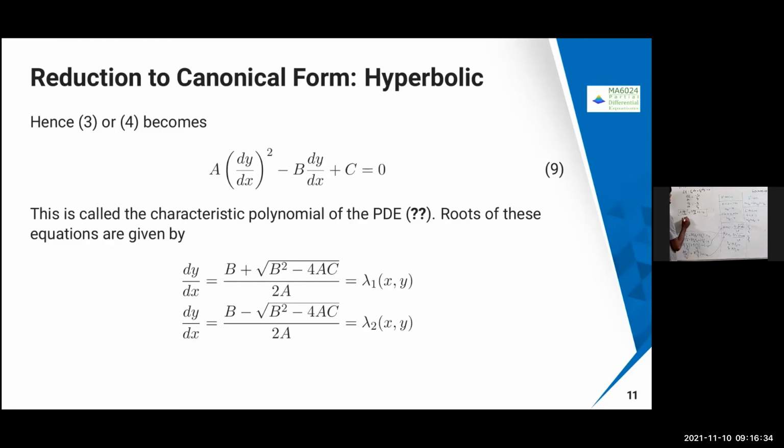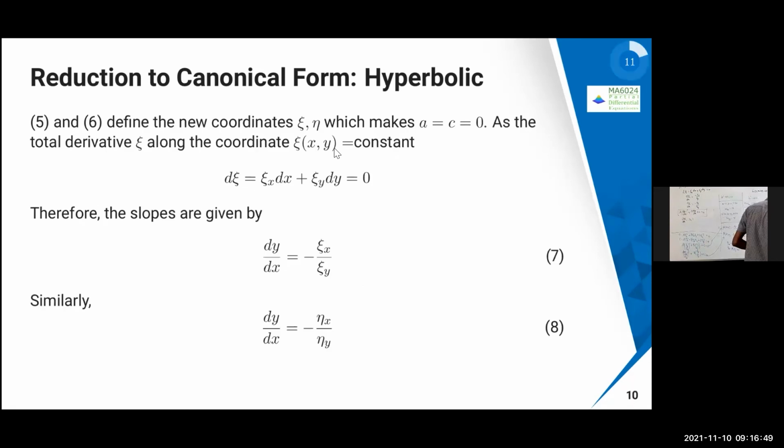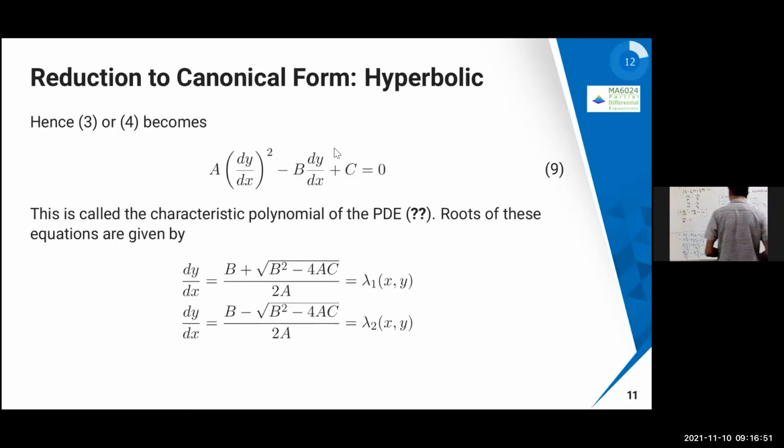So dy by dx we are going to get, one I'm going to call lambda 1. Sorry, I made a mistake. Here I am substituting eta x by eta y, which is dy by dx, so dy by dx equal to minus eta x by eta y.